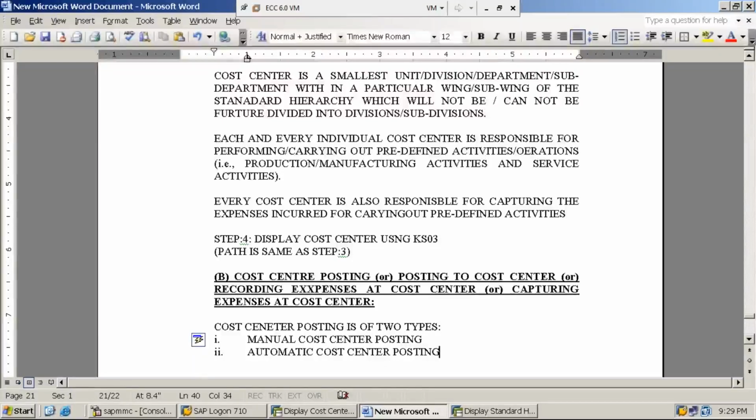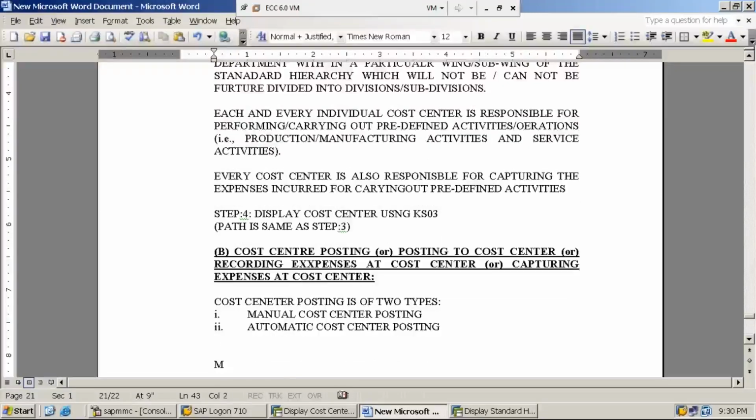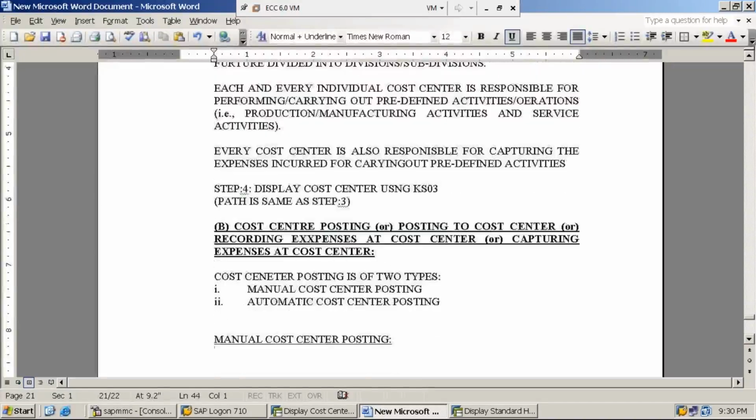Manual cost center posting, automatic cost center posting. What is manual cost center posting, and what is automatic cost center posting? I'll explain. So first put the heading: manual cost center posting. Under this, step number 1.